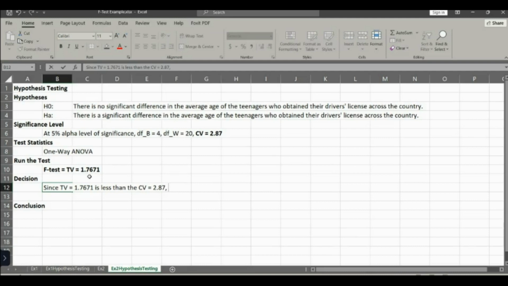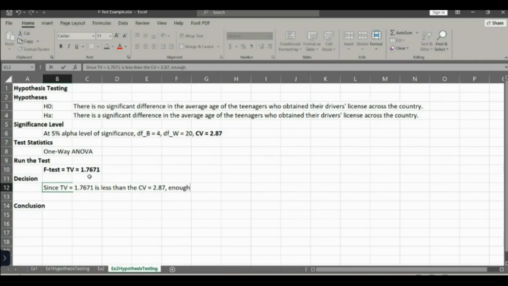Do we have enough evidence or not enough evidence? Enough. Come again? Enough or not enough? Not enough, sir. Are you sure? Enough. Okay.